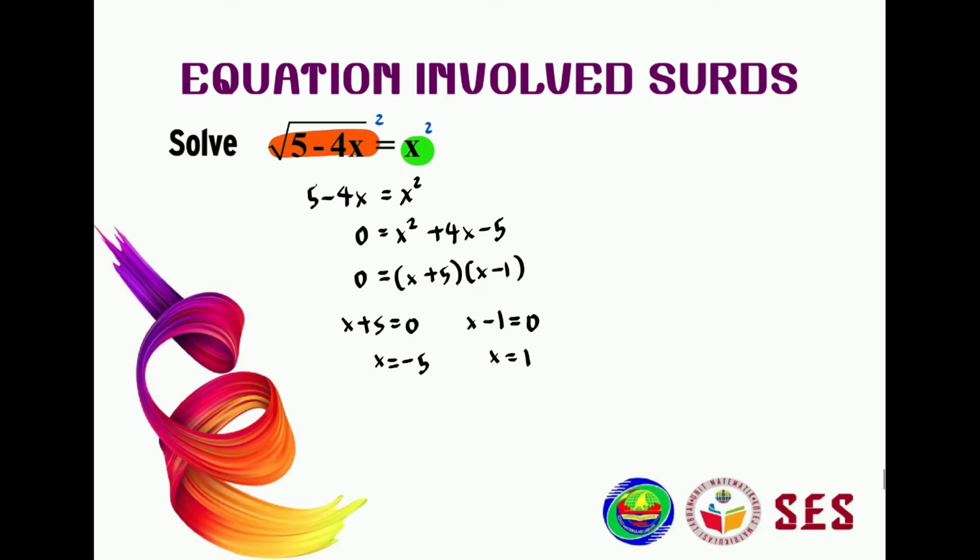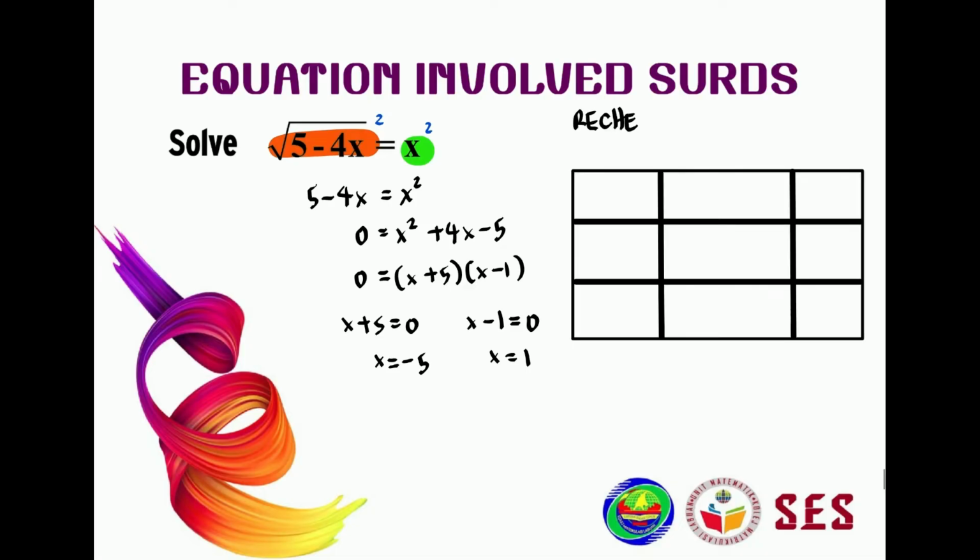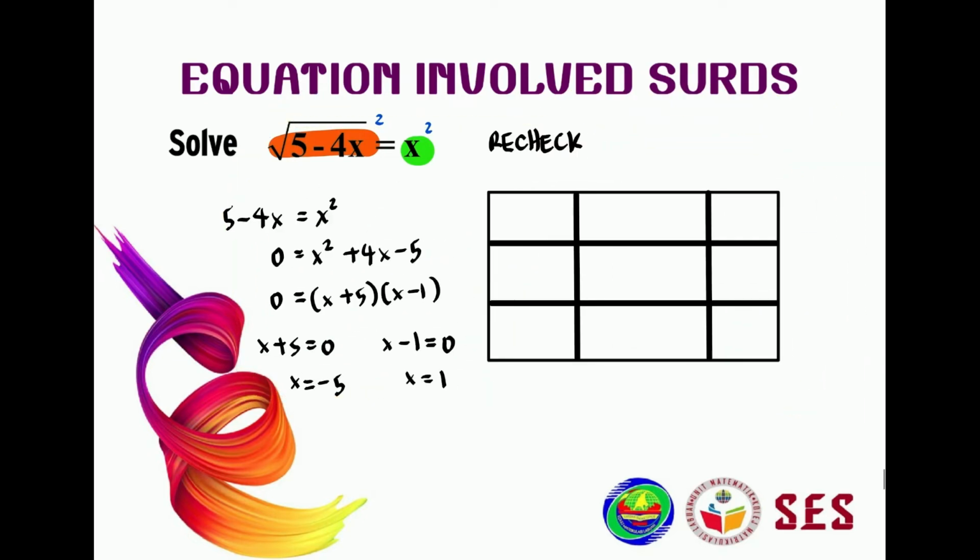Right. So in order to recheck our answers, we need to substitute our answers back into the original equation. Let's make a 3 by 3 table to make our calculation easier. Like this. I'll move this bit to the left so I can have more space to write. Okay, let's label this one as left hand side and label this one as right hand side.